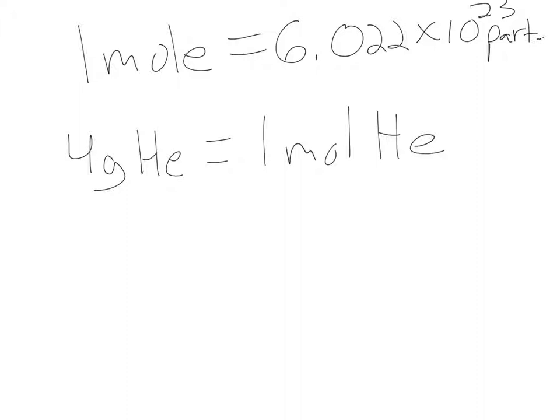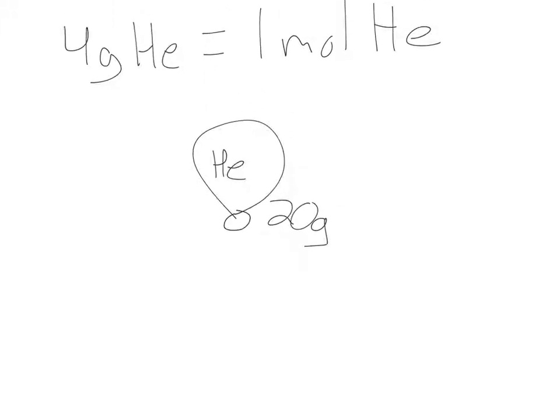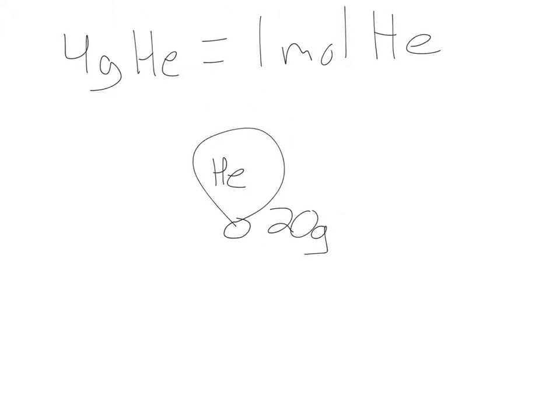Now, let me make up a situation with a balloon where I've put some helium gas inside, and I weigh that balloon, and I get 20 grams. That balloon weighs 20 grams with the helium. We'll say that the helium part weighs 20 grams. The latex part of the balloon doesn't matter. So we have 20 grams of helium inside this balloon. And I ask myself, self, how many moles of helium is that inside that balloon? So essentially I'm asking myself to convert grams into moles.